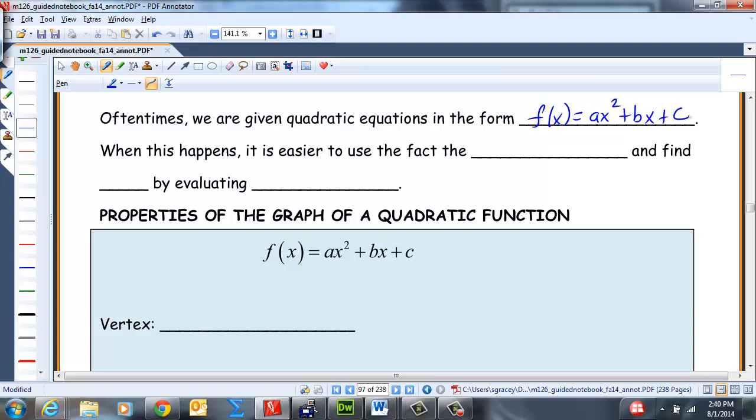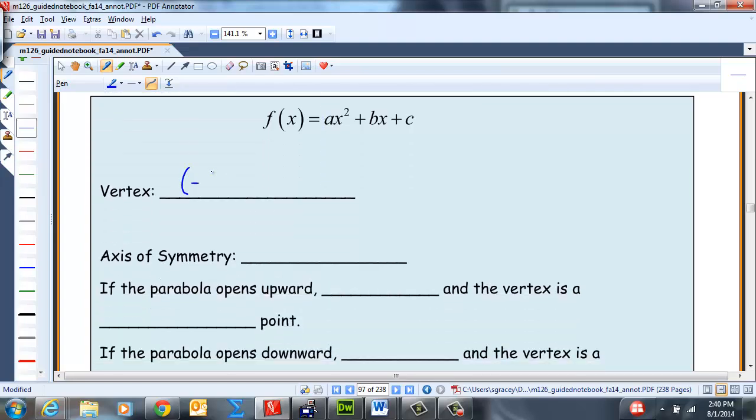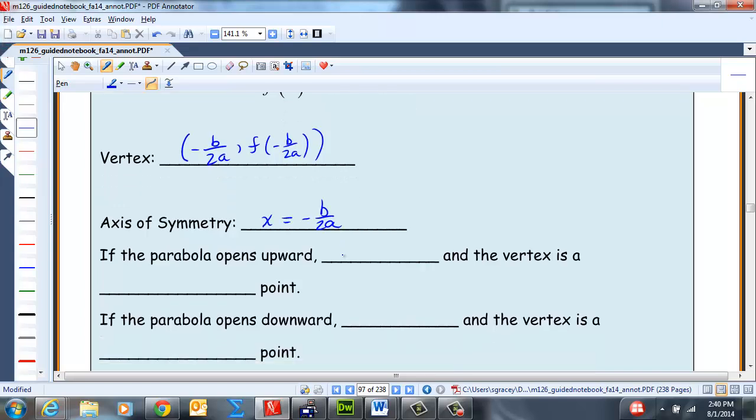So when this happens, it's easier to use the fact that our h is -b over 2a, and then find k by evaluating the function at -b over 2a. So here's some properties. The vertex can be found by doing this. The axis of symmetry is x is equal to -b over 2a. So whatever x coordinate you get for the vertex is how you make your vertical line for your axis of symmetry.